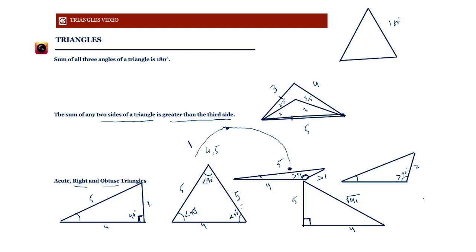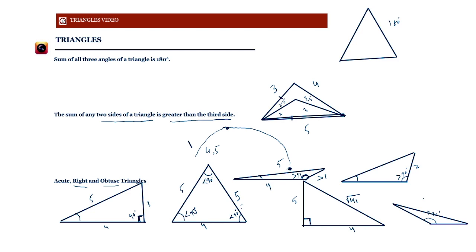So let's say now if this is my 4 centimeter side, and this is my 5 centimeter side, now the angle is again greater than 90 over here. It's become an obtuse triangle here, and this has become a really long side. The third side has become extremely long now, right? All right. So then notice what has happened.